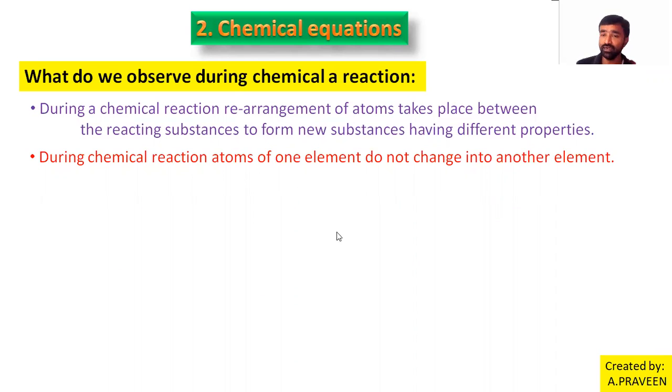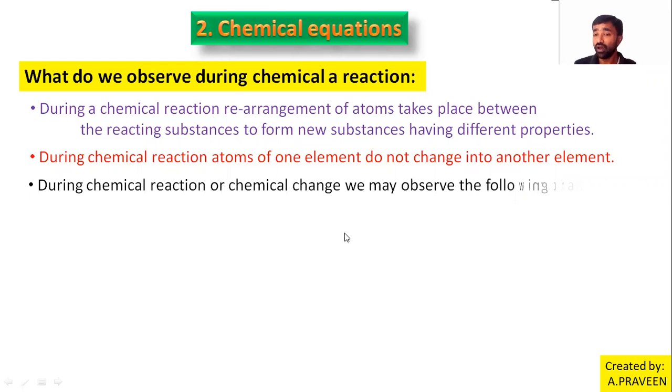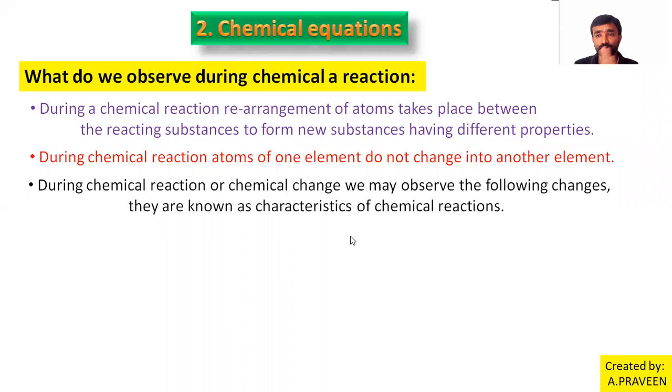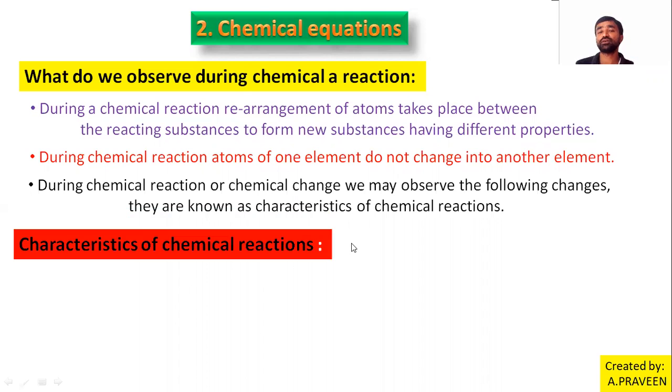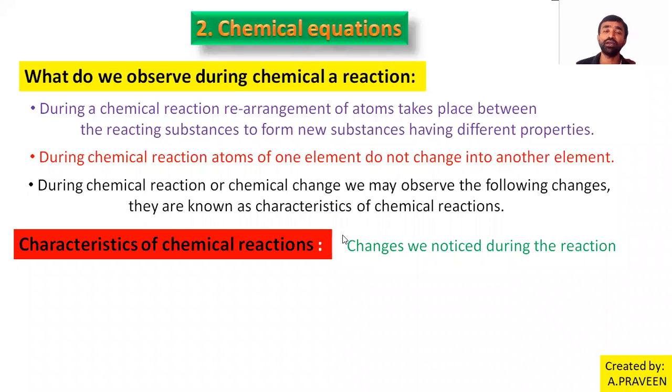Then in chemical reactions, we may observe many changes, right? Those are simply called characteristic properties. The changes you notice are what we give as characteristics of the chemical reaction.